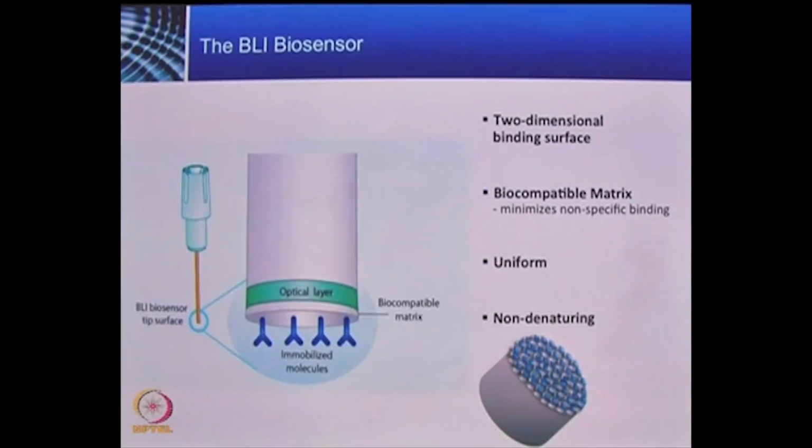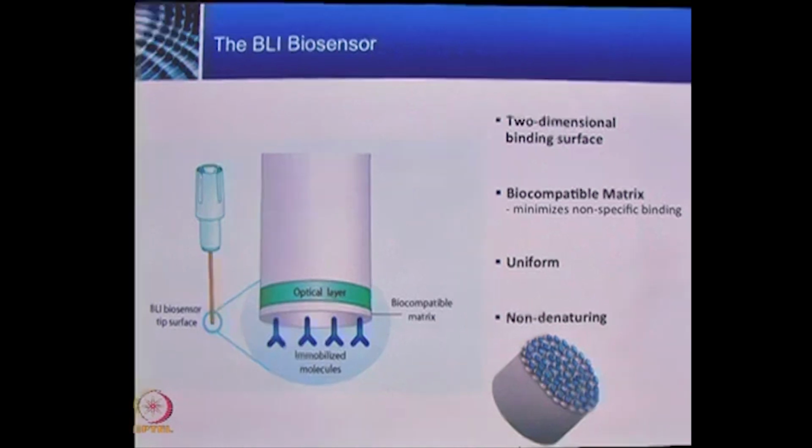This matrix allows you to immobilize the molecules on this surface to allow further analysis of biomolecule interactions. The benefit of using this patented biocompatible matrix is that it's very uniform. It minimizes non-specific molecule binding to the membrane, and it is also non-denaturing.